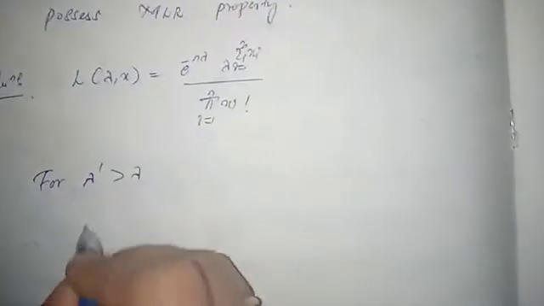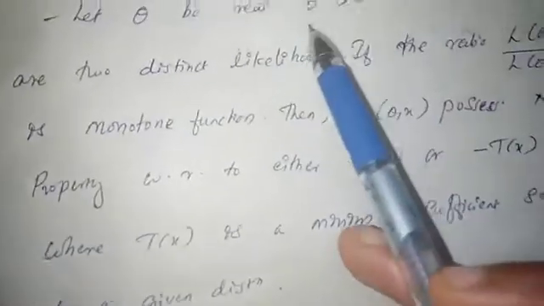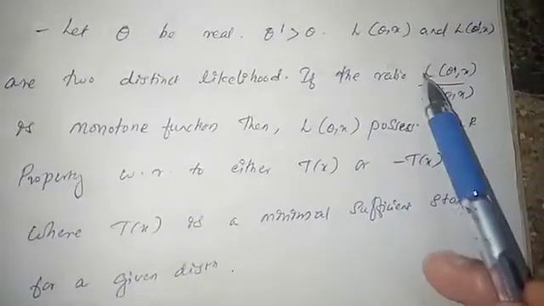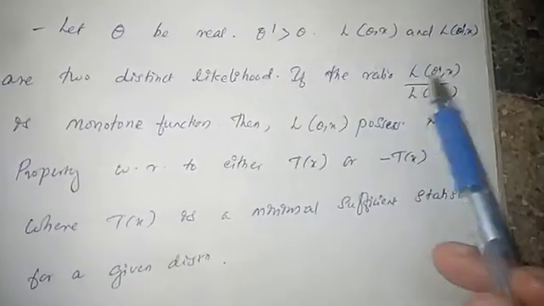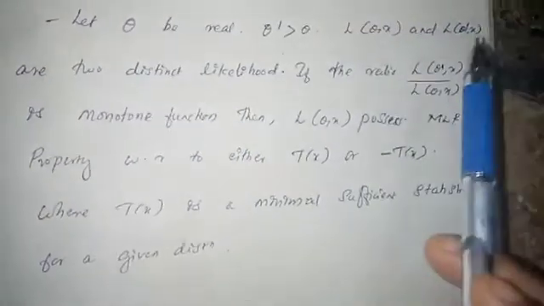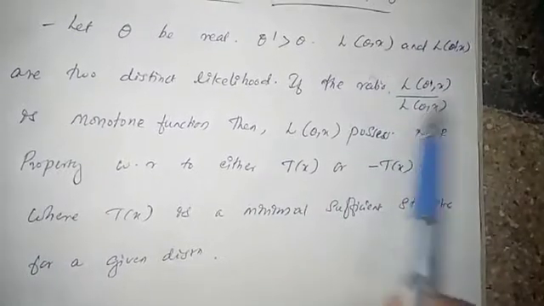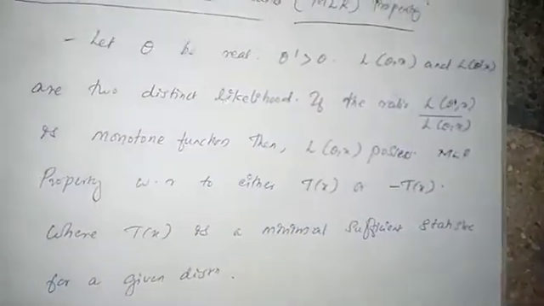To examine whether this distribution possesses the MLR property, the ratio of likelihood under theta dash divided by likelihood under theta, with theta dash greater than theta, should be a monotonic function.